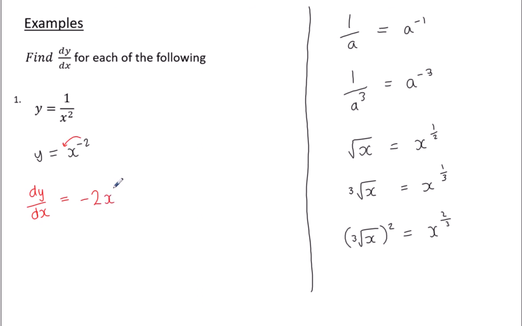So if we were on minus 2 to begin with, that goes to minus 3. Okay, you could rewrite that as minus 2 over x cubed, but you wouldn't bother. Okay, just leave it in index form, it's neater anyway.